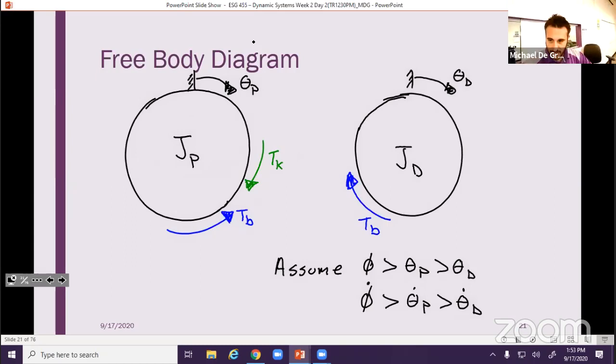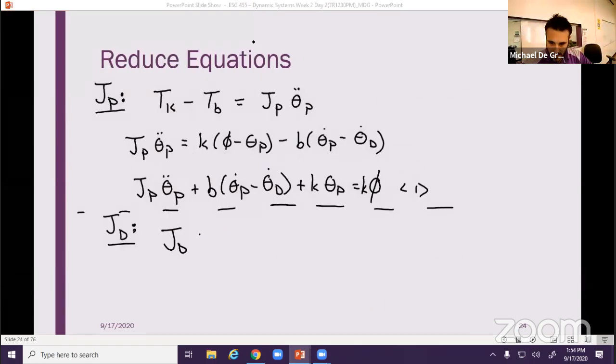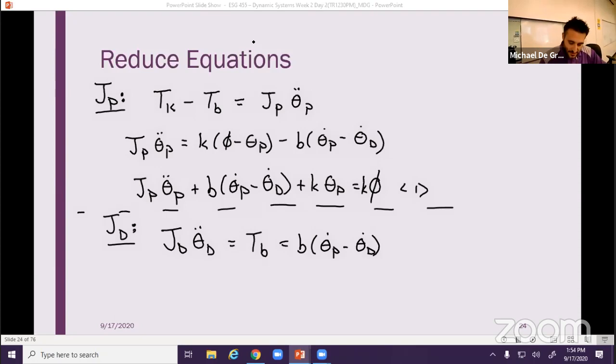So I would end up with J_D theta double dot D is equal to T_B, which is equal to B times (theta dot P minus theta dot D), right? And you can actually report this one of two ways, and then we'll talk about it. It's a good place for me to talk about this.